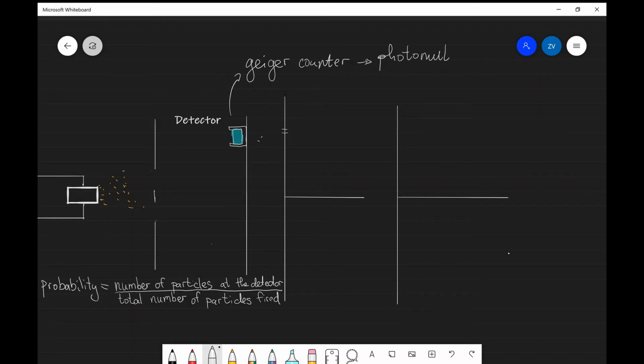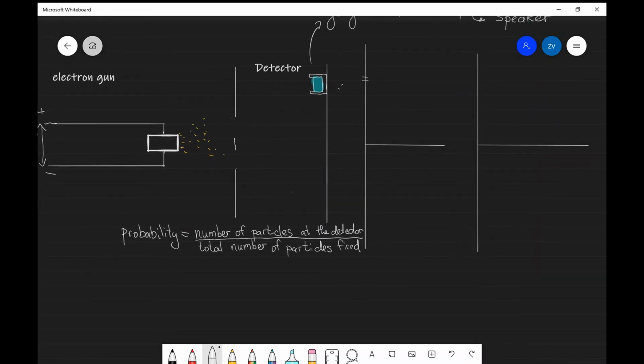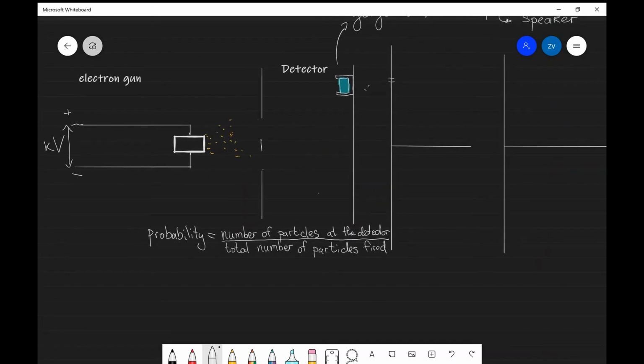The photomultiplier is just a device which increases the number of electrons, the signal, and let's say we connect that photomultiplier to a speaker so we can hear the individual electrons. Okay, let's do our thought experiment with, let's say, slit number 1 open, just as before.